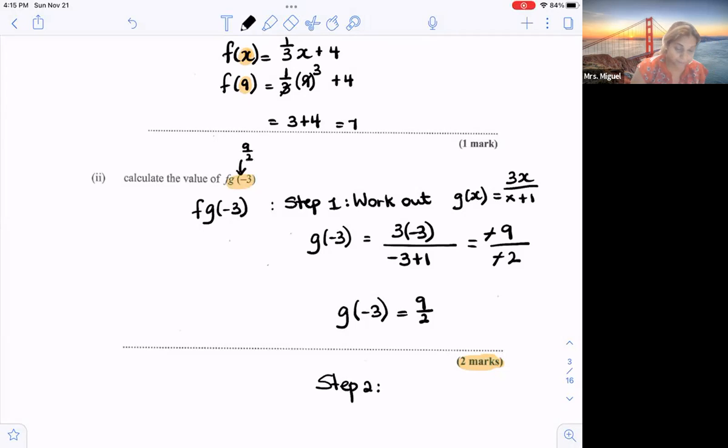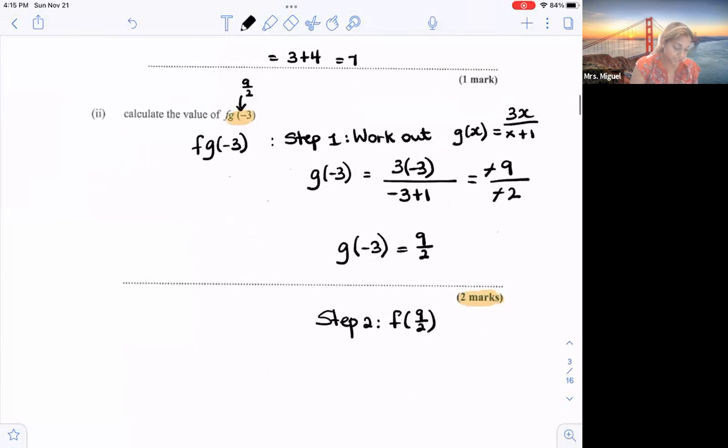So now you have to put that into the f function because it is a composite function made up of 2 functions. You work the first part, which is g of -3, and now you replace that with your answer 9 over 2. So you have to work out f of 9 over 2.